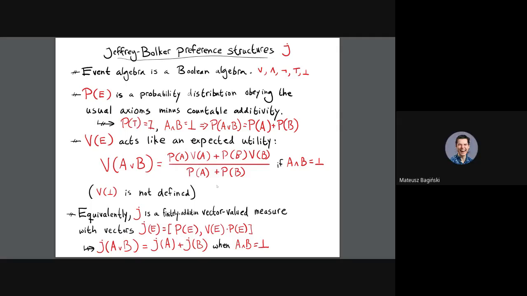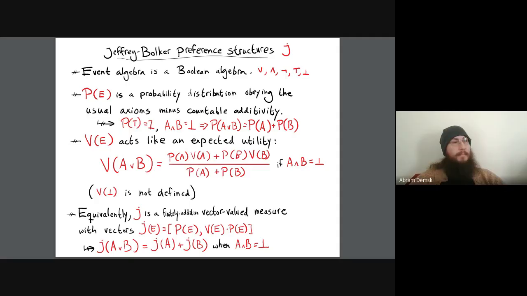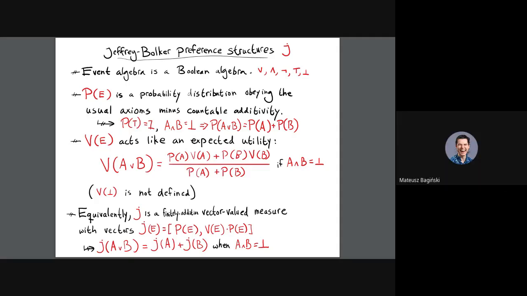Oh, I just realized, shouldn't, in this expected utility formula, in the numerator, PB and PA be on the opposite sides? Shouldn't it be PB times VA plus PA times VB?